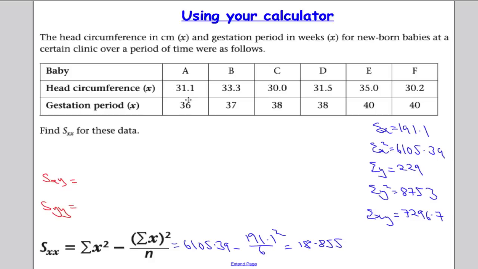Let's work out SYY now. And just to remind ourselves, that comes from the fact that we do the sum of y squared minus the sum of y squared over n. So just plugging the values in, sum of y squared equals 8753 minus the sum of y to be squared. So it's going to be 229 squared over 6.